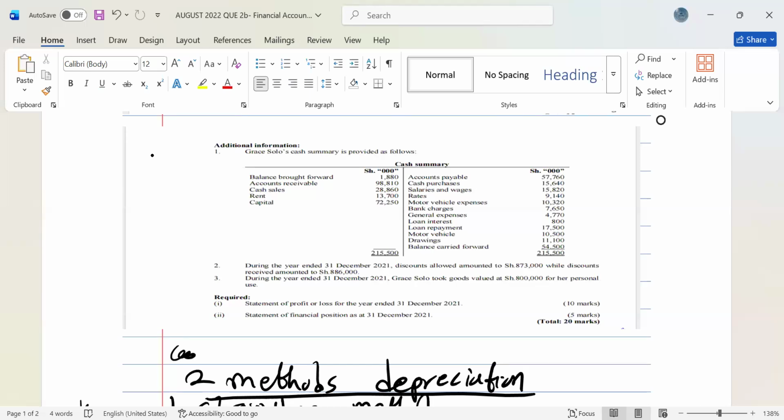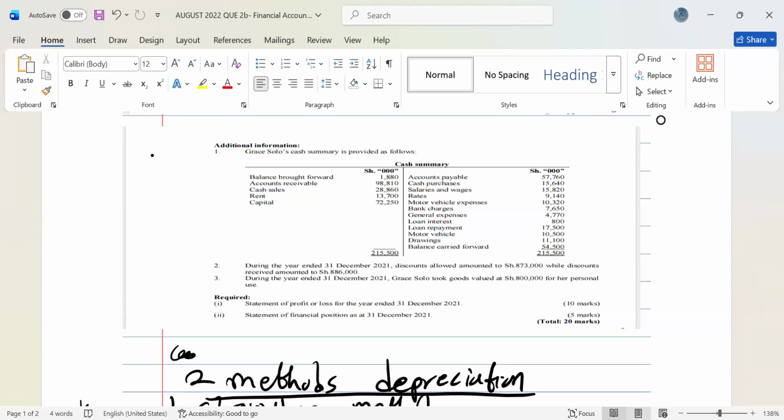Then number 3, during the year ended 31st December 2021, Grace Solo took goods valued at 800,000 for her personal use. This one we term as drawings. It will tend to reduce the figure for our capital, as well as being put in the income statement as an expense.